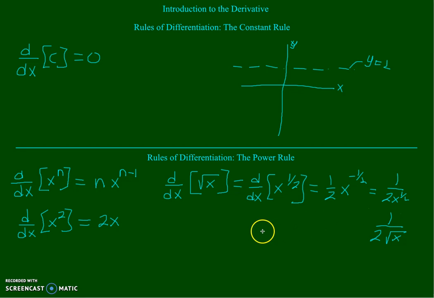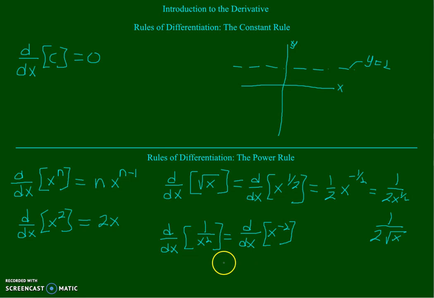So let's try one more. And this one is going to be derivative with respect to x of 1 over x squared. In this case, when we rewrite it, we're going to do the derivative with respect to x of x to the -2.